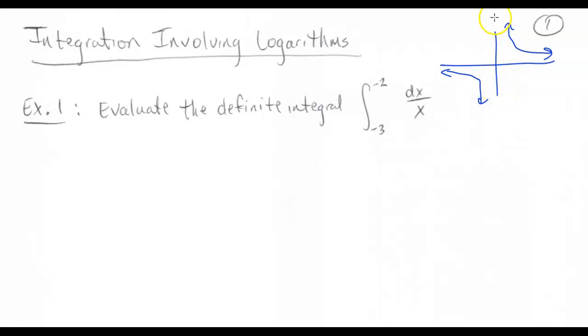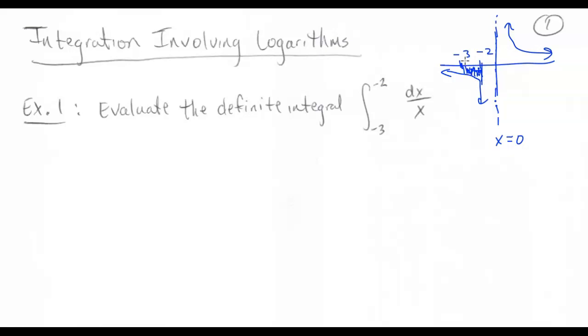And we know we have a vertical asymptote at x equals 0. But conceptually, we want to find the area under the curve of this function from x equals -3 to about right here, x equals -2. So we want to find this area under the curve.